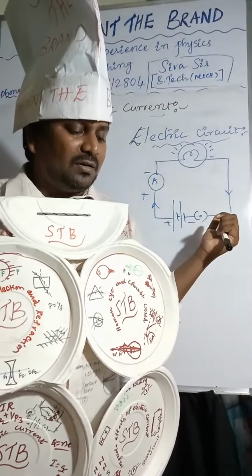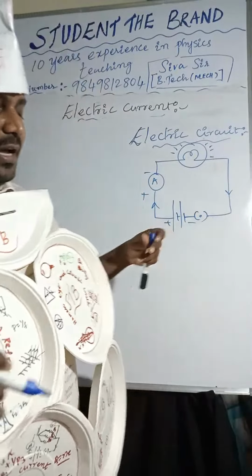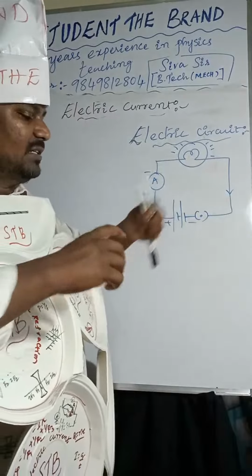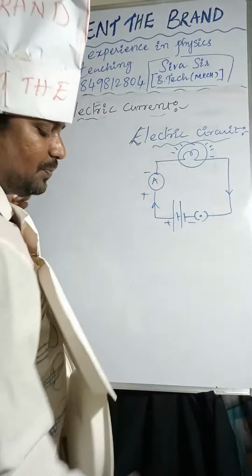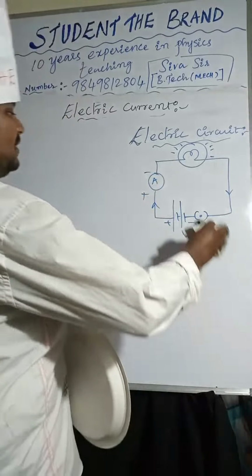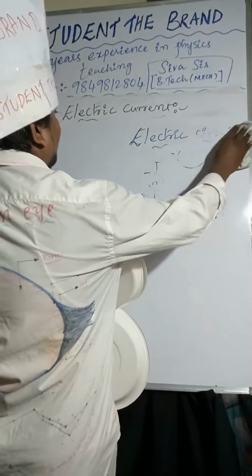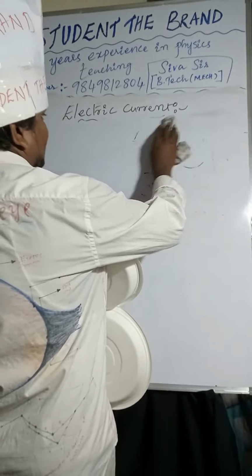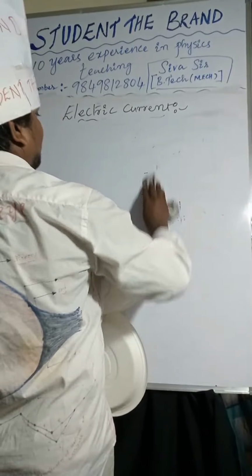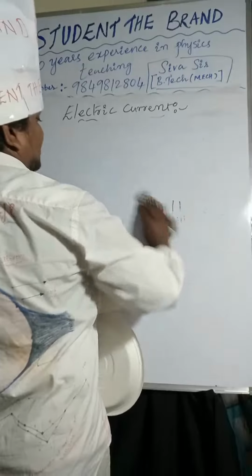So this is about charges. And next, quantization of charge is there, which I already said. If it is positive, positive will repel; positive, negative will attract. Two dissimilar charges will attract, two similar charges will repel each other.